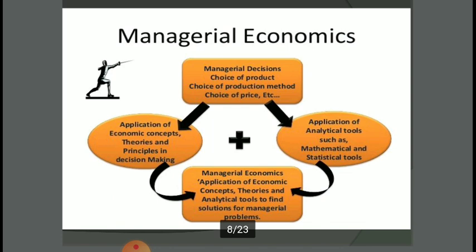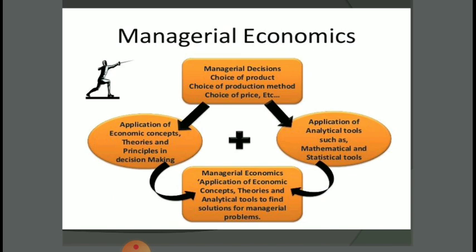Managerial decisions like choice of the product, choice of the production method, or choice of the price, etc. See, the manager has to take day-to-day decisions, and here three examples are given: which product a manager should launch in a market, which production technique a manager should use, or what should be the price of the product. Then next it is written that application of economic concepts, theories and principles in decision making.